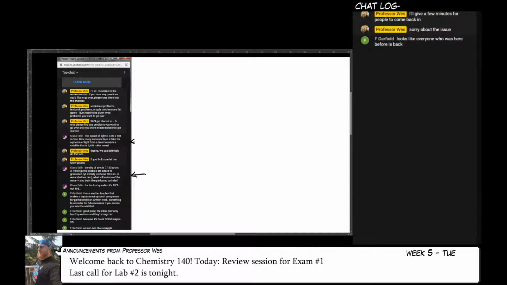All right. The density of zinc is 7.133 grams per cubic centimeter. 9.018 grams of zinc pebbles are added to a graduated cylinder that has 20.6 milliliters of water before the zinc. What will the volume of water plus zinc be in the graduated cylinder? Okay, so if I know the density of zinc and I know the mass of zinc, I can turn mass into volume pretty easily, right?